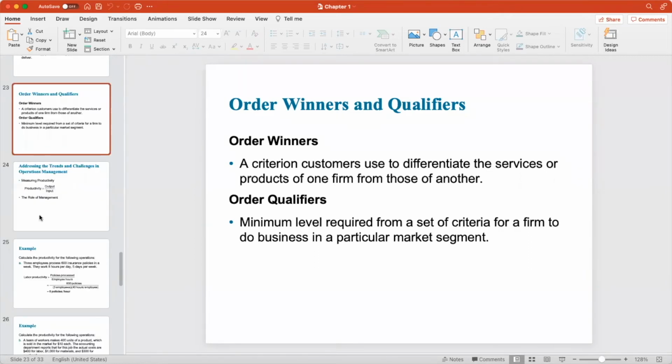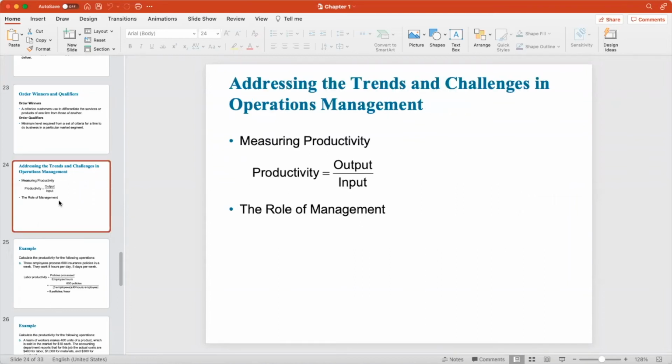Okay, now let's move to the only quantitative method that we will cover within this specific chapter. You still remember that through the whole chapter, I'm always emphasizing the operational process, right? It actually transforms input into the final output, right?